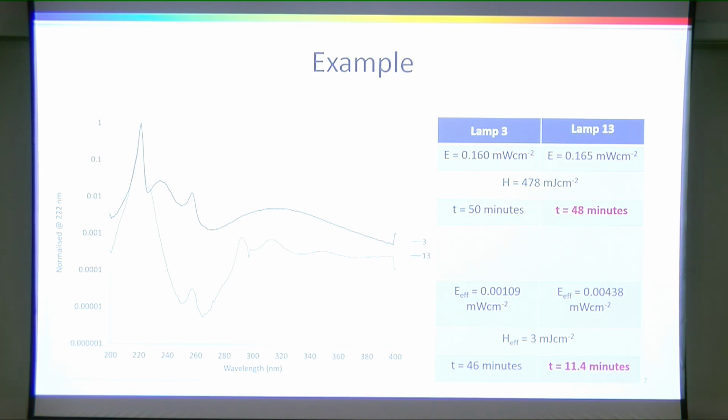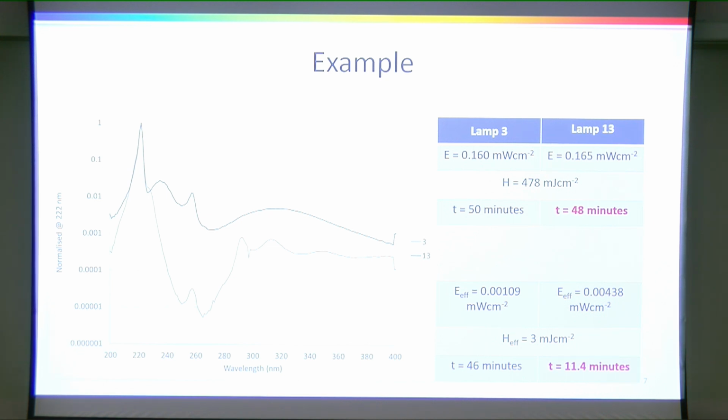They have different spectra, but as you can see from the top line on the table, they have very similar irradiances. So if you were to take the ACGIH skin exposure limit, for example, and we'll say at 222 nanometers, it's 478 millijoules per centimetre squared, and you calculate then the exposure time before you would reach that limit. So if you were to do that with lamp 3 and lamp 13, they come out roughly the same, 48 to 50 minutes.